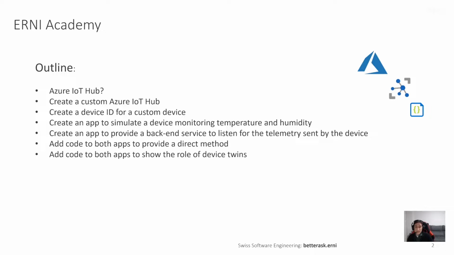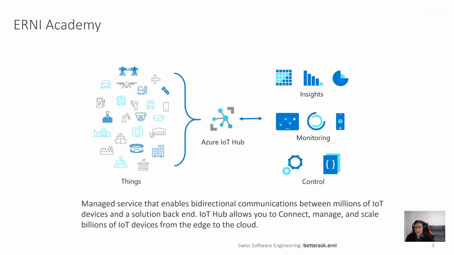And in the end, we will see a little bit of what is Device Twin. It is a feature of Azure IoT Hub that we will see a little bit in the end of the presentation today. So let's go ahead and Azure IoT Hub.